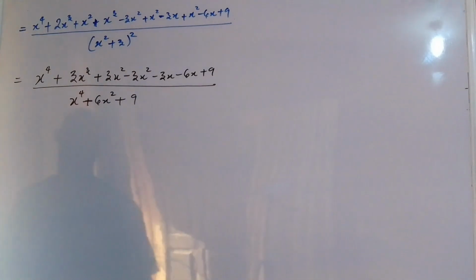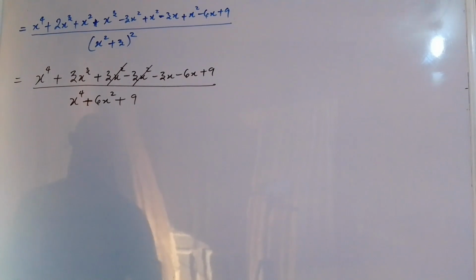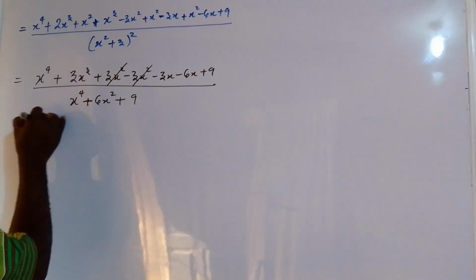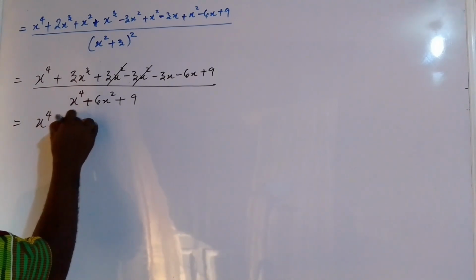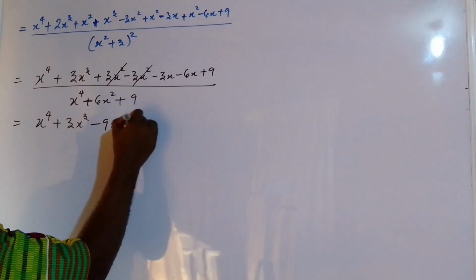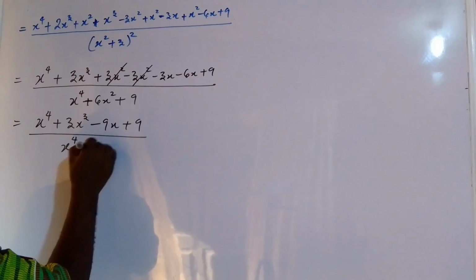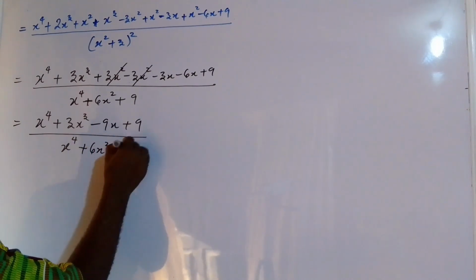So we can get this simplified, 3x squared minus 3x squared. So we have x to the power 4 plus 3x cubed minus 9x plus 9 all over x to the power 4 plus 6x squared plus 9.